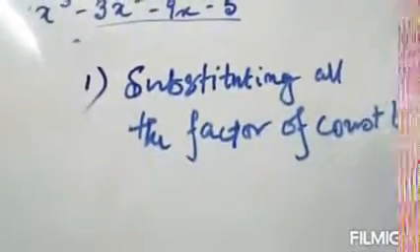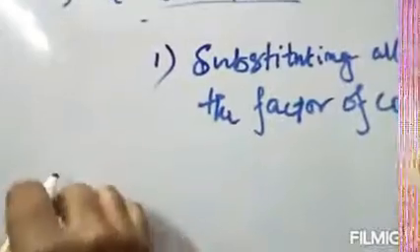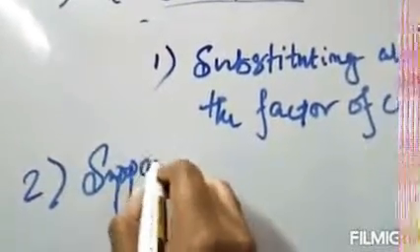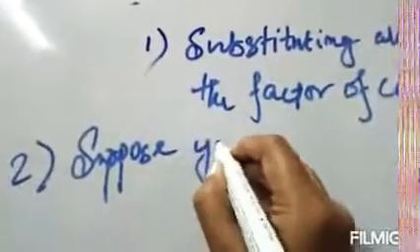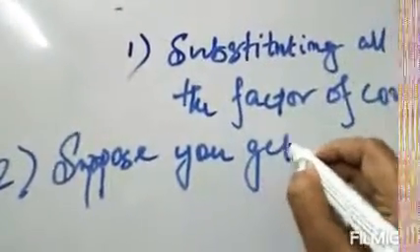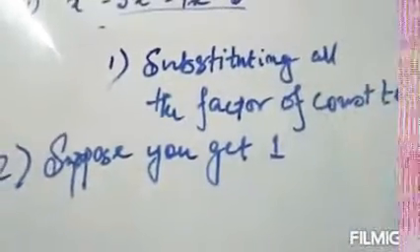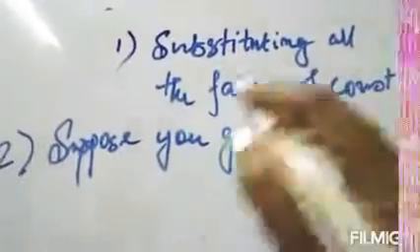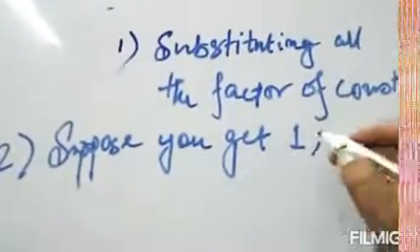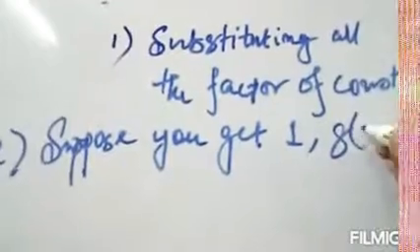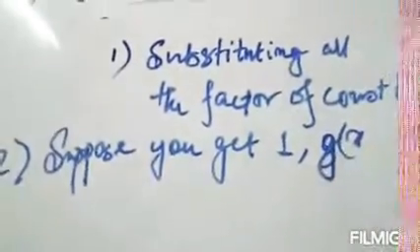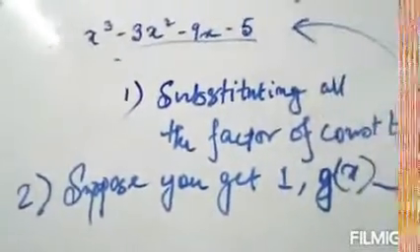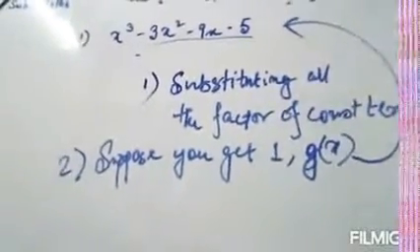Or suppose you get one factor, as you already got one factor, and you want to find the rest of the factors, then with that factor, let that factor be gx. If that is gx, then you need to divide px by gx, understood?